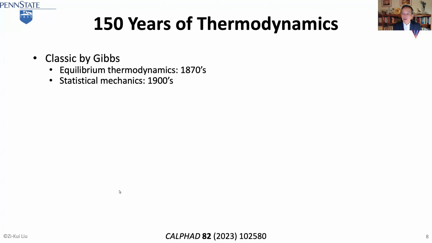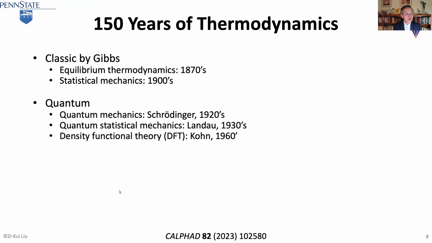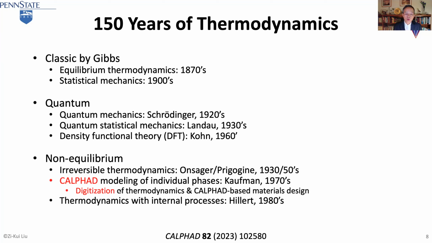And about 30 years later, he developed statistical mechanics. And in the 1920s, quantum mechanics was invented, followed by quantum statistical mechanics, and in the 1960s, the density functional theory. And for the non-equilibrium system, as you can see here, we have equilibrium thermodynamics, but most of the systems are non-equilibrium.